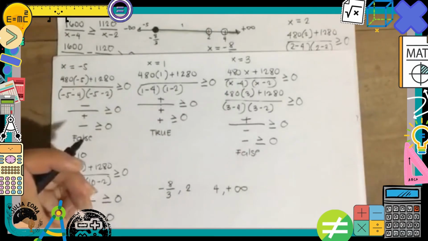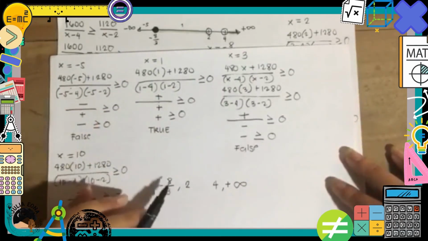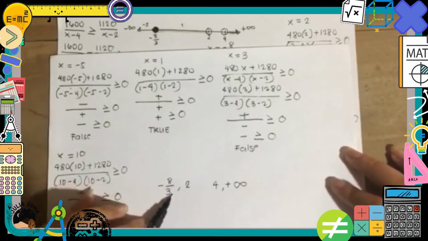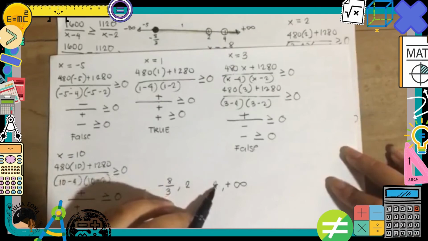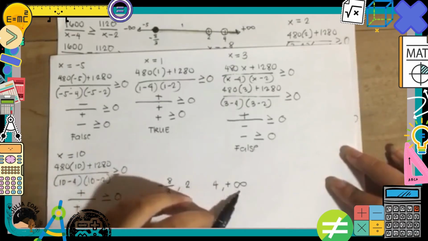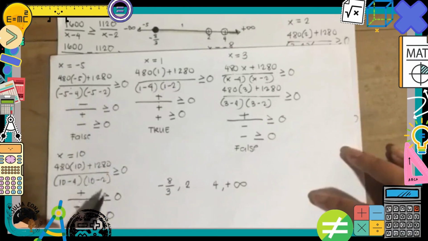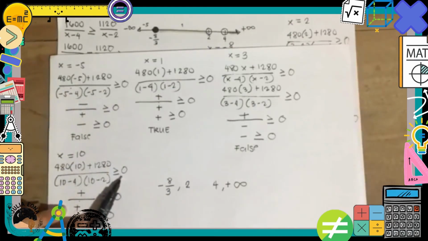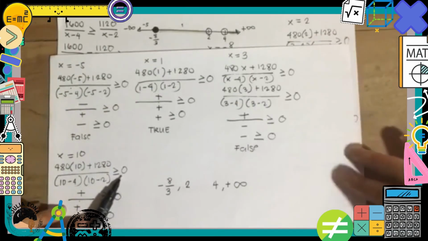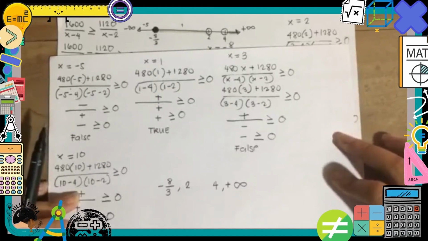Since we are given greater than or equal to 0, it means that the values that we are going to consider in our solution would be all positive.